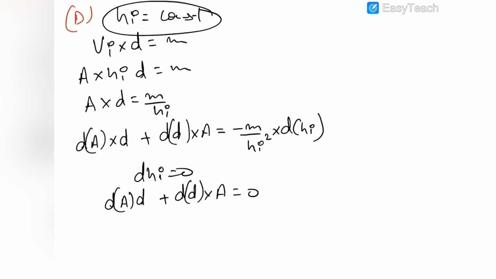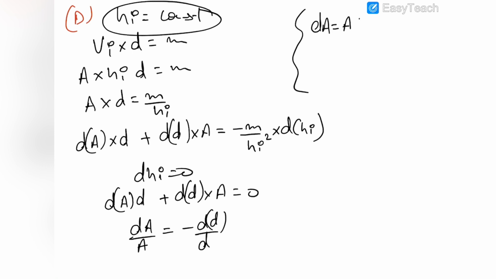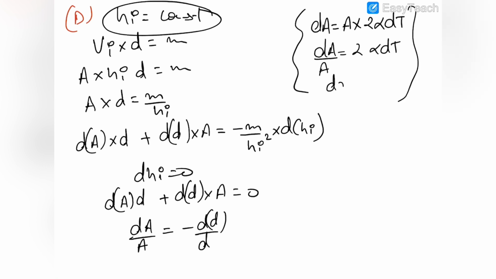So it means that dA by A is equal to minus dd by D, and we know that dA is equal to A into 2 alpha dt. So dA by A is equal to 2 alpha dt, and we also know that dd upon D is equal to minus gamma dt. So let us write these values.